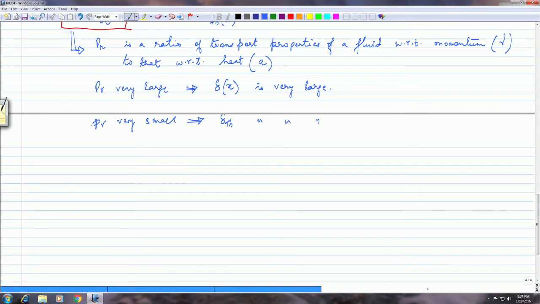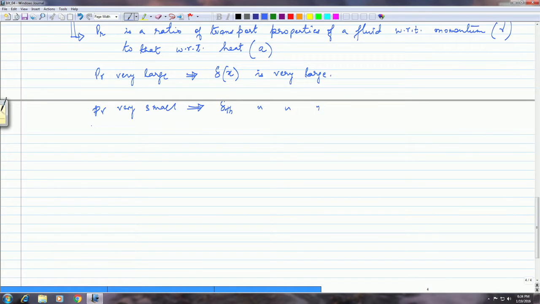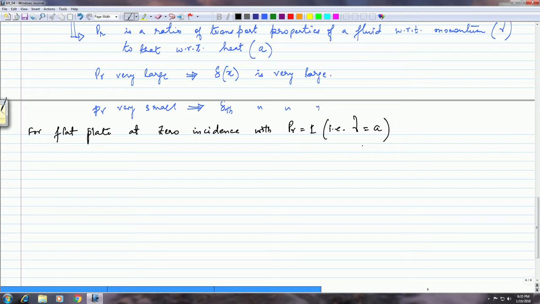Okay. Now the next thing, now for a flat plate, okay, at zero incidence, okay, for a flat plate, right, with Prandtl number equal to 1, okay, which means that nu is equal to alpha, right.